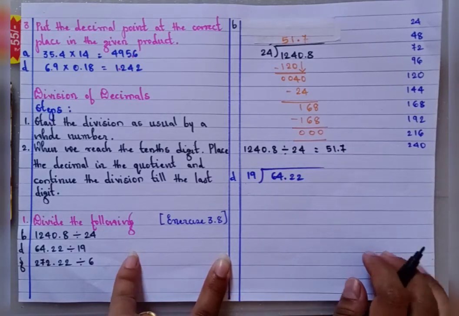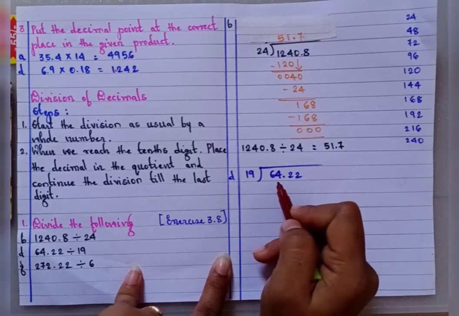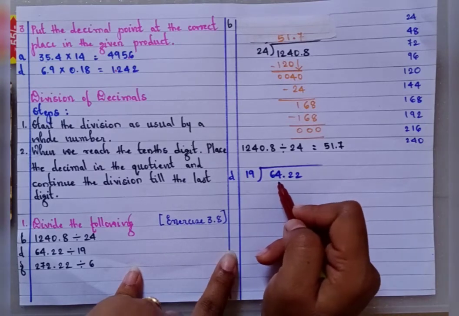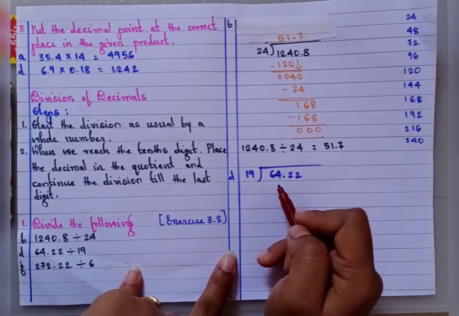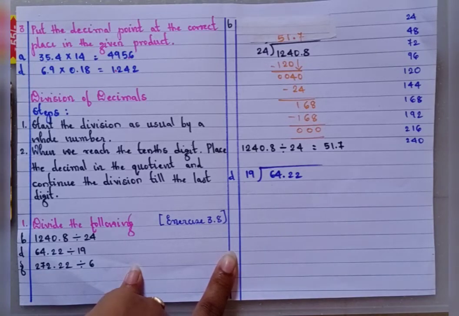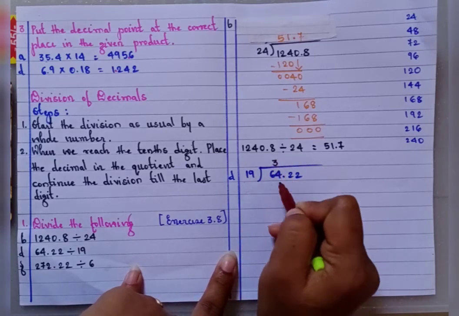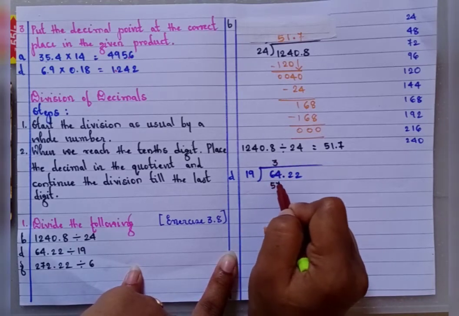Similarly, we are going to divide this number also. So let's divide now. We are going to divide by the 19th table. 19 threes are 57. 19 fours are 76, which is not the closest number, it is more than 64. Therefore, we take 19 threes are 57.